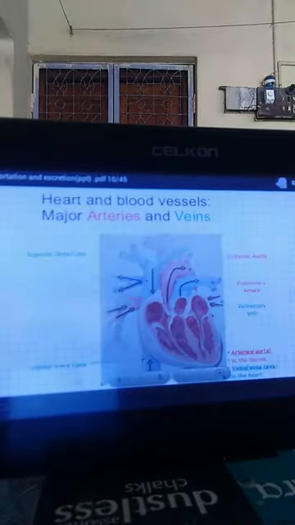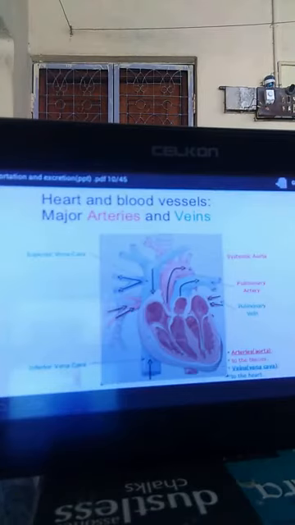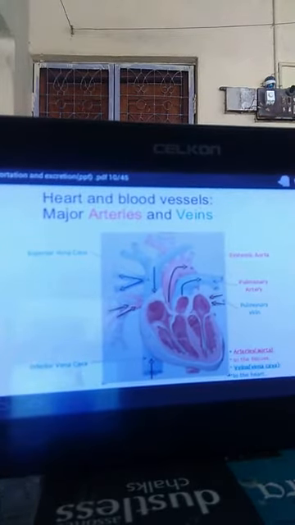Now, to go further with the internal structure of the heart, we look at the way the five major blood vessels are connected to these four chambers internally. To understand this, you have to see the internal structure of the model.